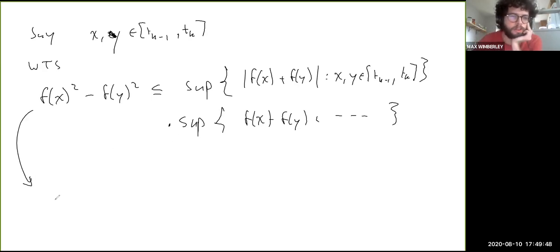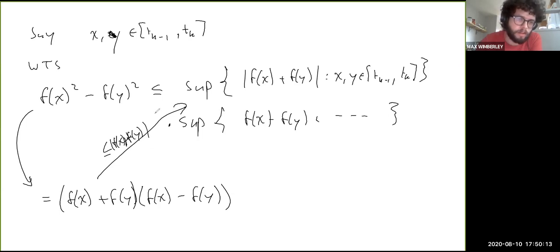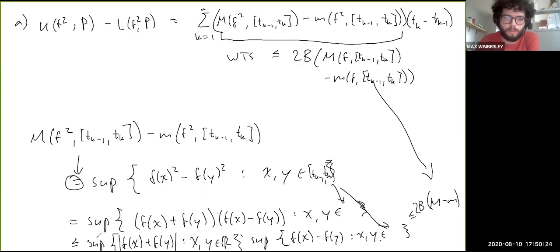So this equals f of x plus f of y times f of x minus f of y. I guess it's just obvious. This is directly less than or equal to this, because it's less than or equal to the absolute value of itself. And that's less than or equal to this. And then this is directly less than or equal to that. This part is kind of trivial, I guess.